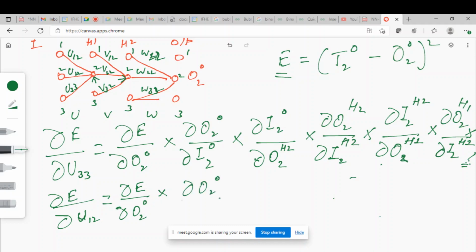So input I2O. Then, wait. First let us see if any neurons or any link we are missing. This is U12, so U12 is connected here. For U12 itself there will be many paths, but let us assume we take this path. If you follow this path, then how will this weight be adjusted?